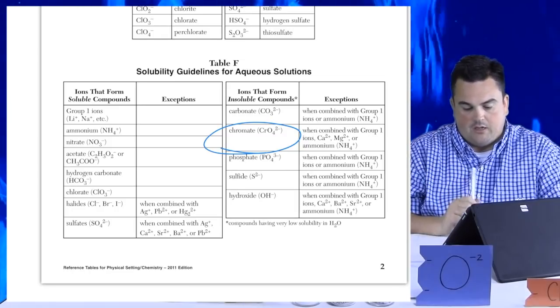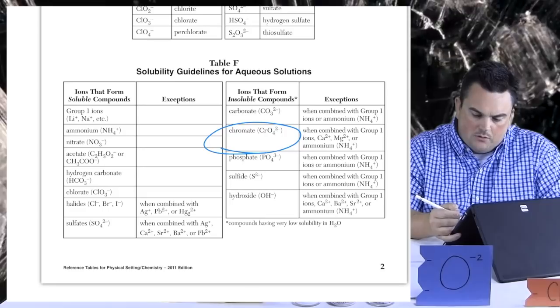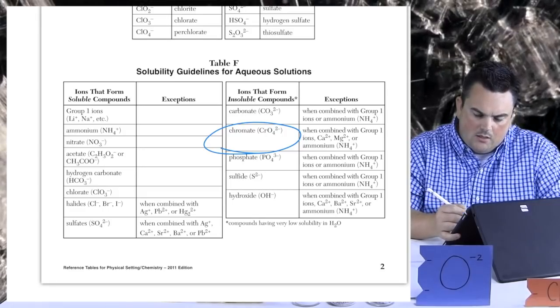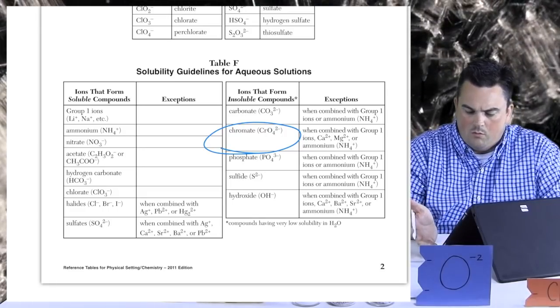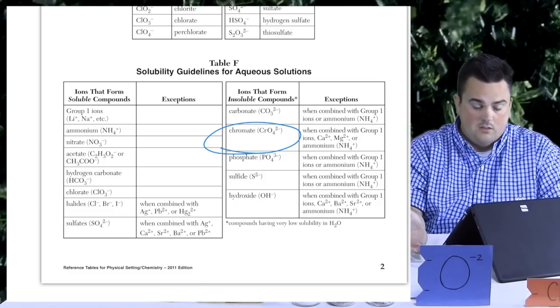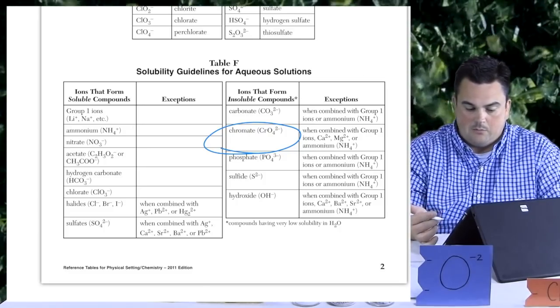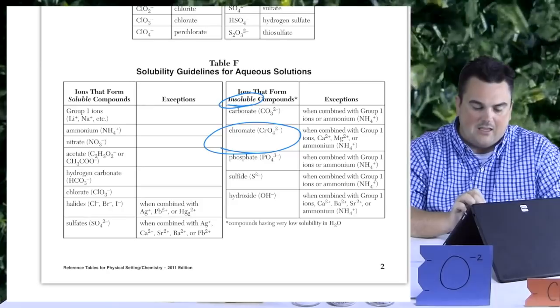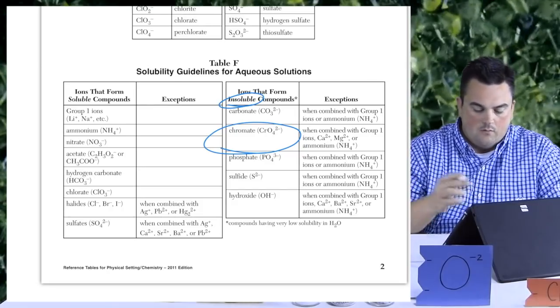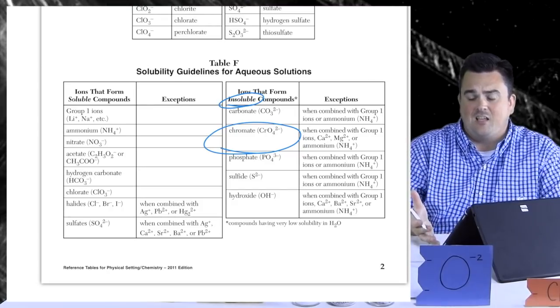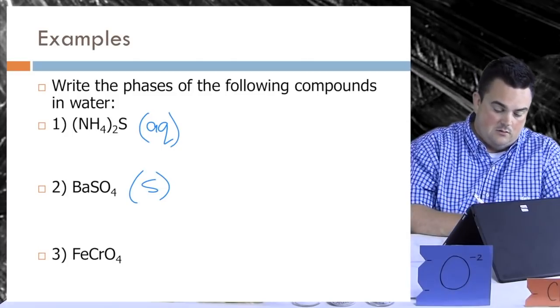Oh, I should check my exceptions though. It says when combined with group 1 ion, Ca plus 2 or Mg plus 2 or ammonium, none of that is iron. So there must not be an exception, so it means it is insoluble. No exceptions. Phase of matter for anything insoluble is solid.